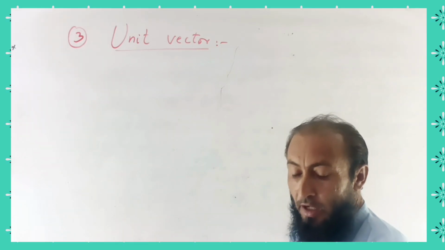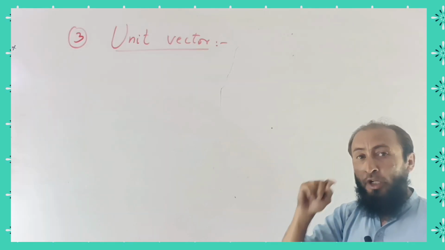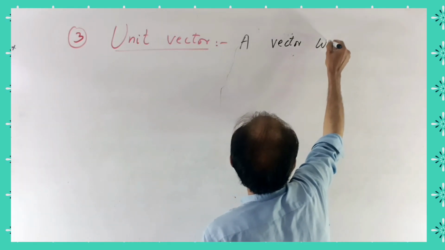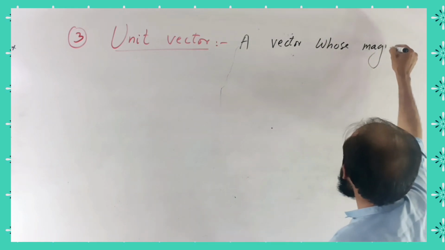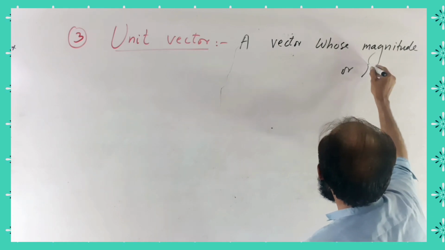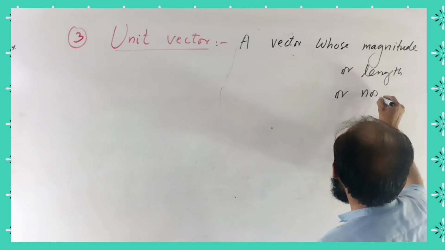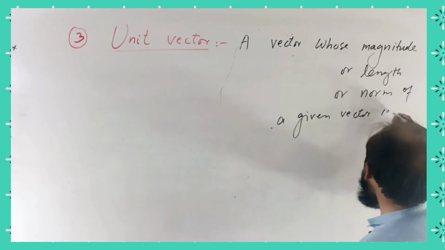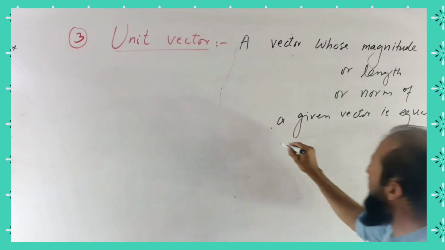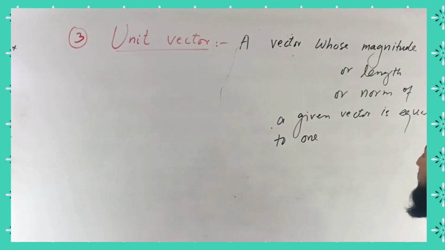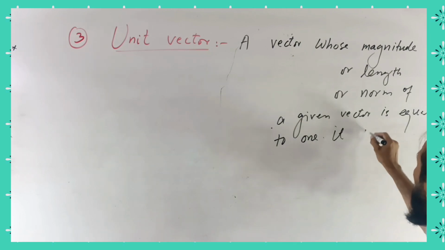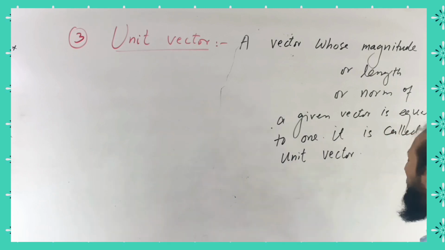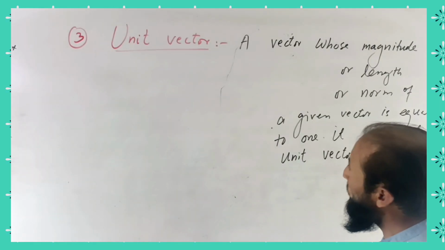A vector whose magnitude, or length or norm, is equal to 1 is called a unit vector. A unit vector is also defined this way.